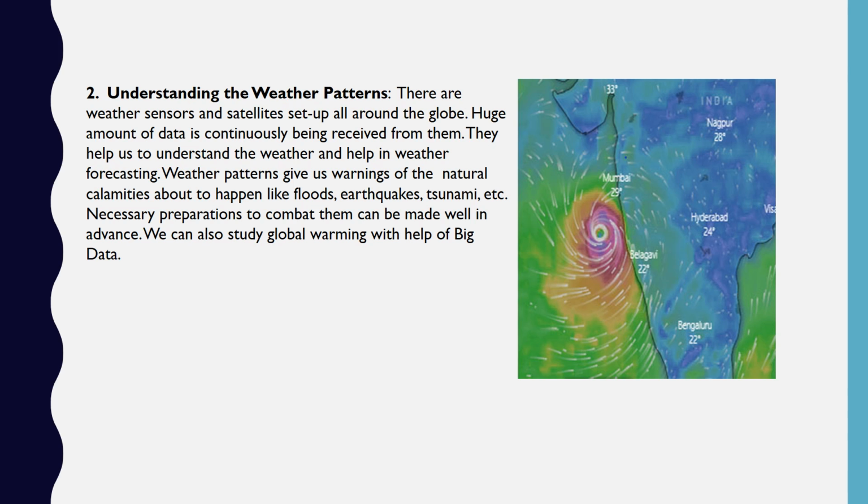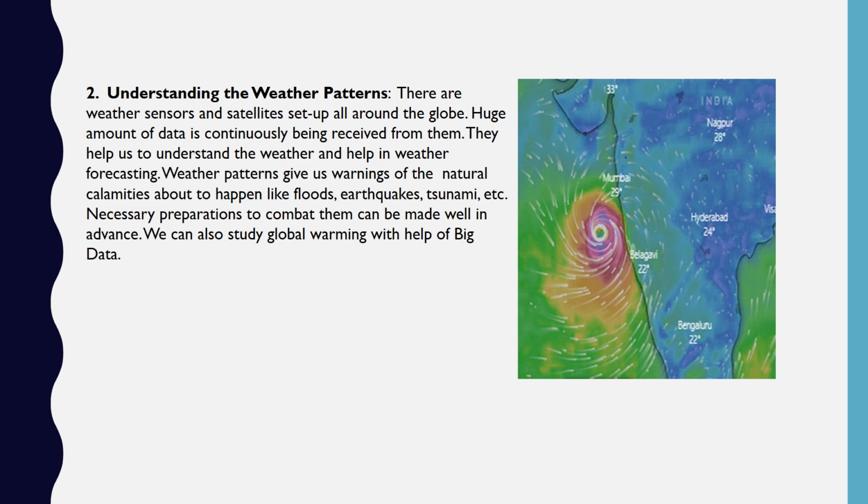For example, Cyclone Nisarg. The Indian Meteorological Department declared a red alert in Mumbai for Cyclone Nisarg on 2nd June. Cyclone tracker was showing the position of cyclone.